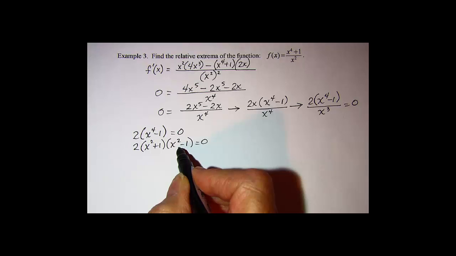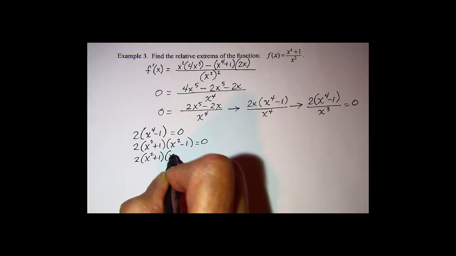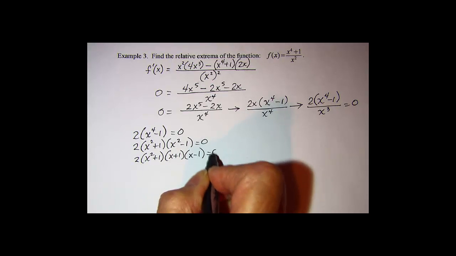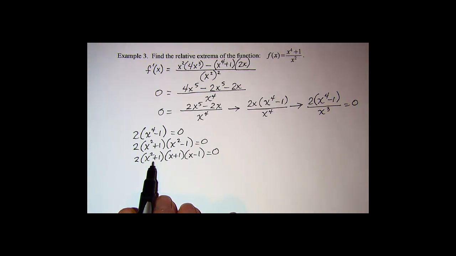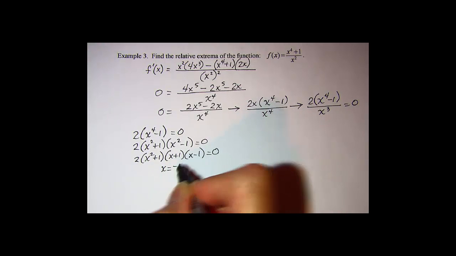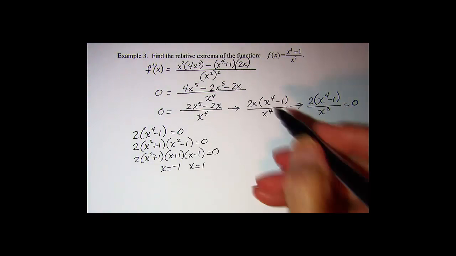And then this factors further, so we have 2, x squared plus 1, x plus 1, x minus 1 equals 0. So this factor will never equal 0, but we can get x equal to negative 1 and x equal to positive 1.